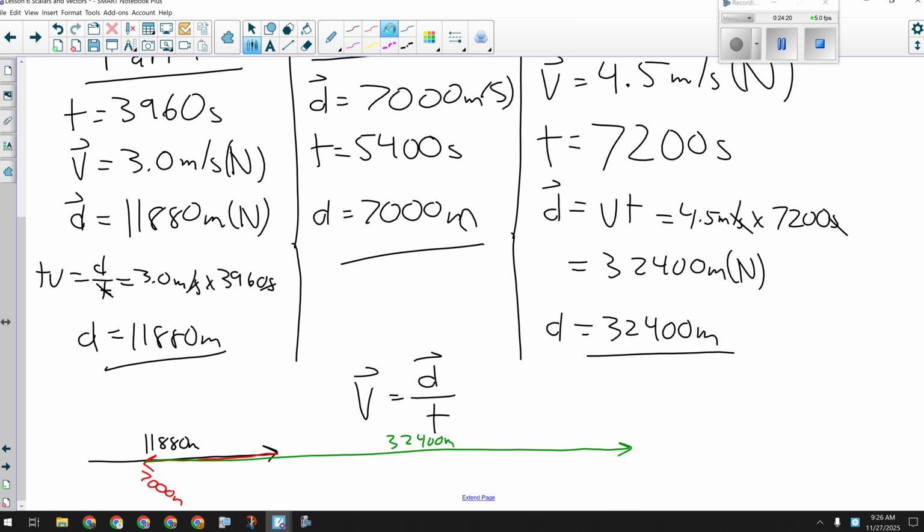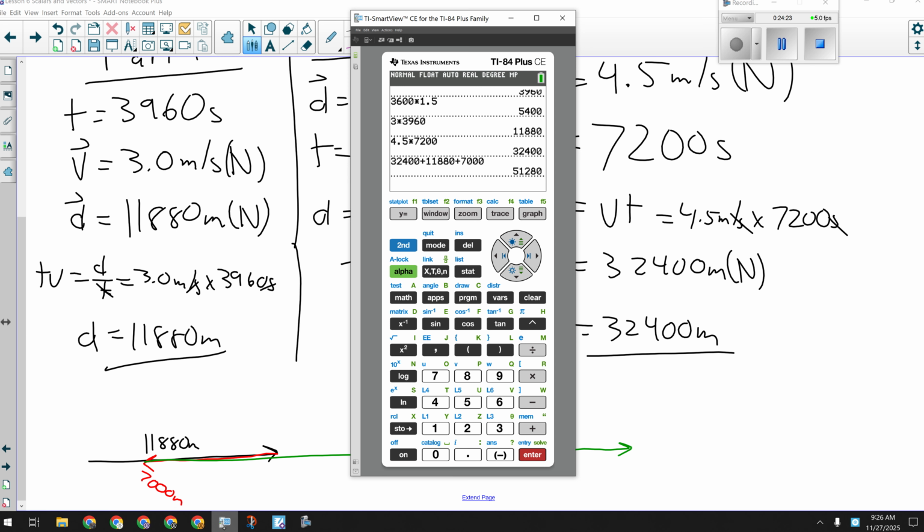Right, so total displacement here is going to be, well, actually I'm just going to copy that operation right there. And I'm just going to make the 7,000 negative, or actually I'll subtract it.